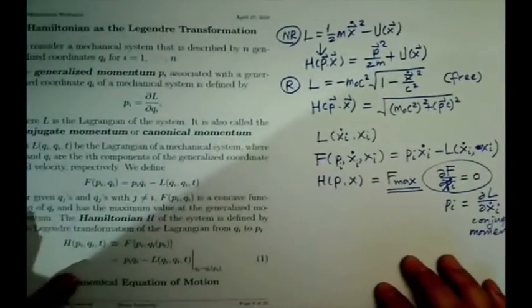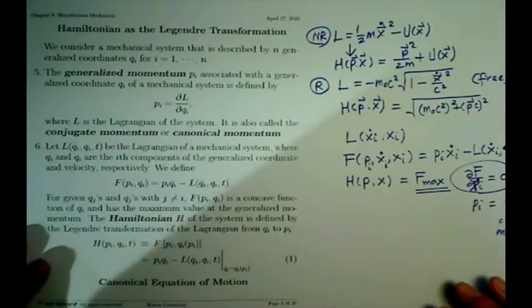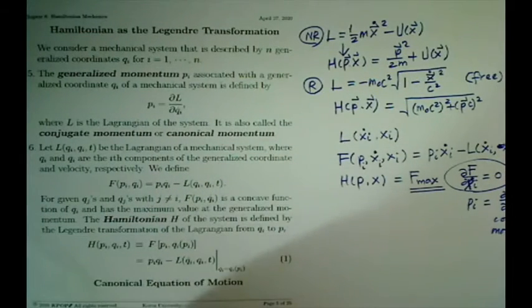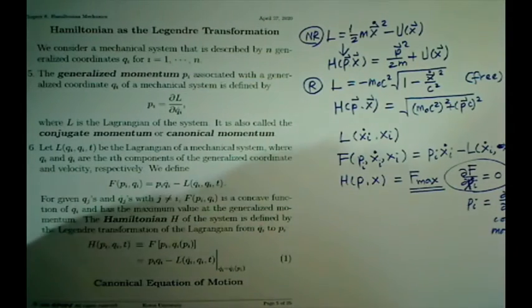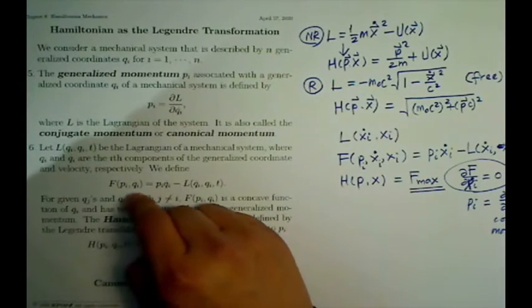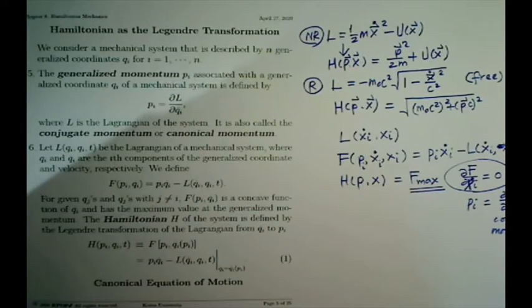Alright, until now we have studied how to determine the Hamiltonian out of the Lagrangian. The Hamiltonian is the Legendre transformation of a Lagrangian. The Legendre transformation can be obtained by first getting the f function.